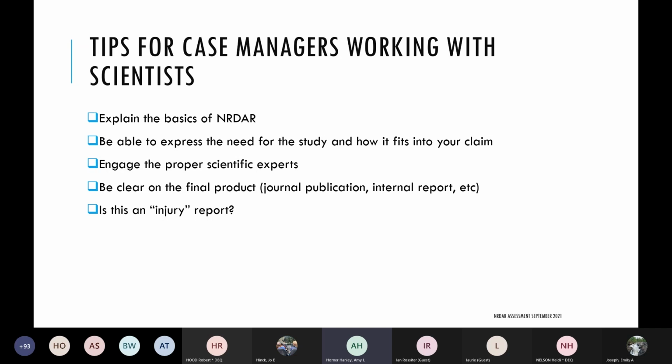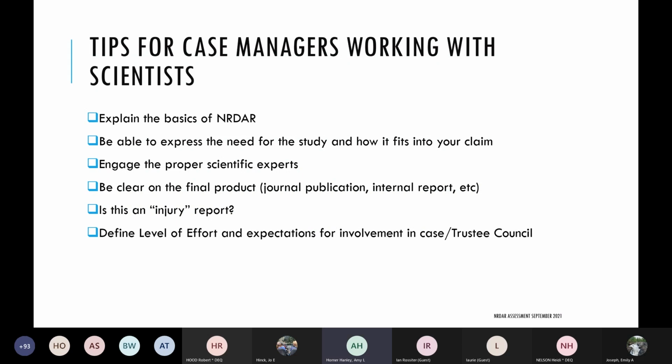There was a toxic effect seen in the lab when we conducted this study, and then at a later time, the trustees can interpret that toxic effect to be an injury for purposes of NRDA. So in part, this goes to the level of comfort that the expert scientists might have with respect to reaching a conclusion of quote unquote injury. Some are very comfortable, some are not, but you need to be clear about that as you go through.